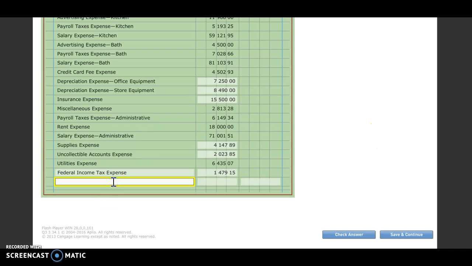Okay, and then we need to go ahead and put in our label of totals, and we need to add up our debits and credits. So go ahead and pause the video. I want you to add up your debits and then add up your credits. Okay, I should get for my debit, and I should get the same for my credit.